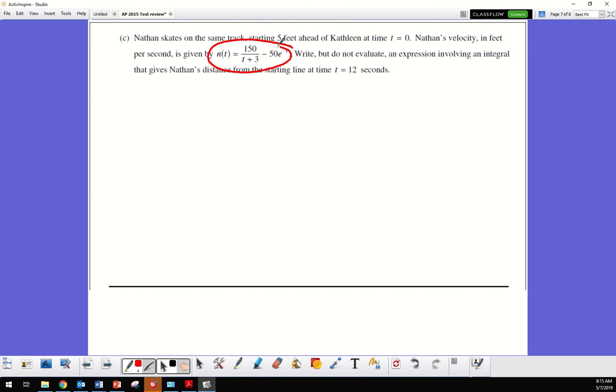There's his velocity, right? And what are we trying to find? Distance traveled. So I need to find the integral of that, right? Yeah. So that's going to be the integral.